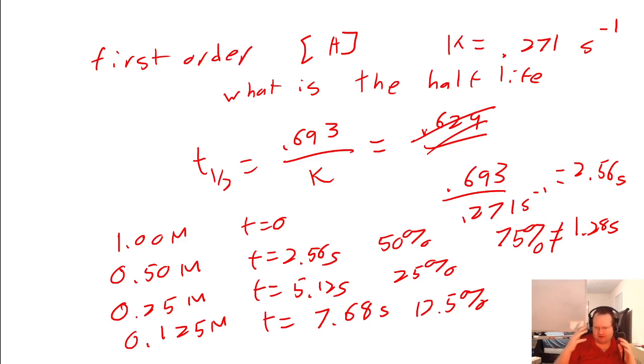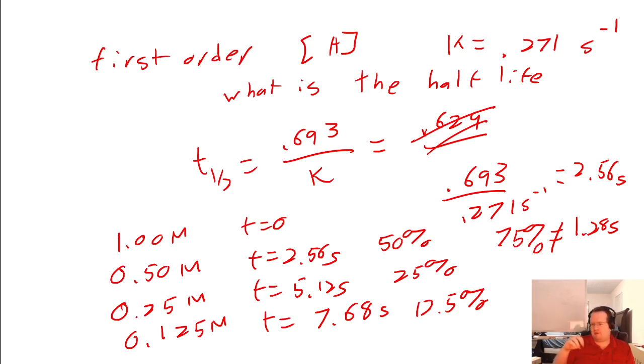I don't know the number off the top of my head, but it's gone more than that far. Because as you use up your reactants, they're going to go slower and slower. So the first half of the half-life is losing more than the second half. It's just that when you look at all of it together, it loses 50% at 2.56 seconds. So you can't make that shortcut of, oh, it's at 75% at 1.28.